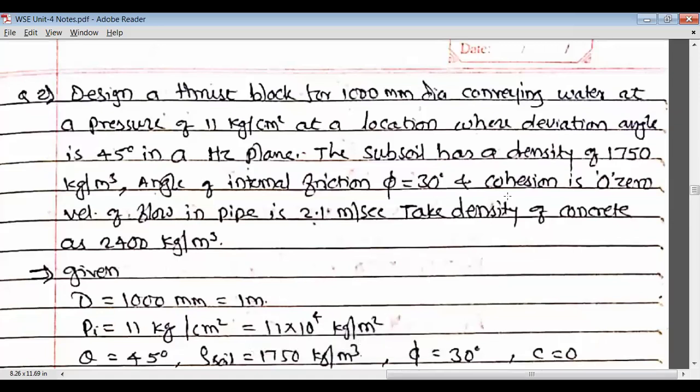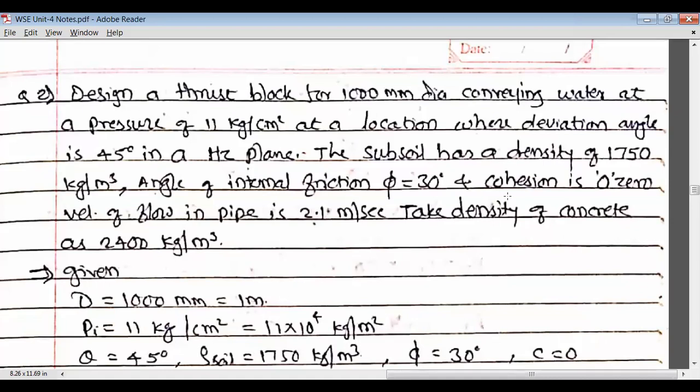Now here the unit of the pressure is kg per centimeter square. We need to convert that kg per centimeter square to kg per meter square, because all other linear dimensions are in meters. How to do that conversion? Already we have discussed this many times. We have to multiply it by 10 to the power 4.